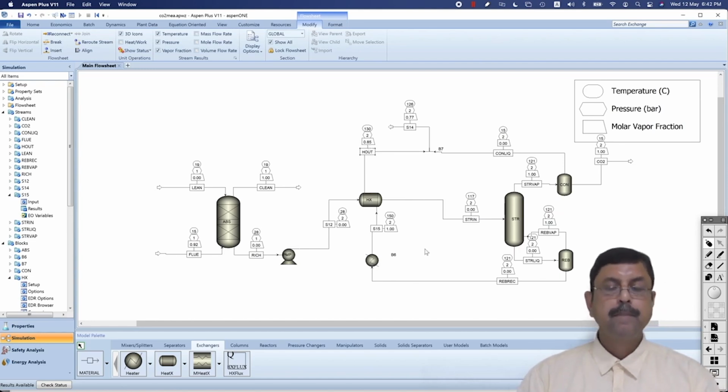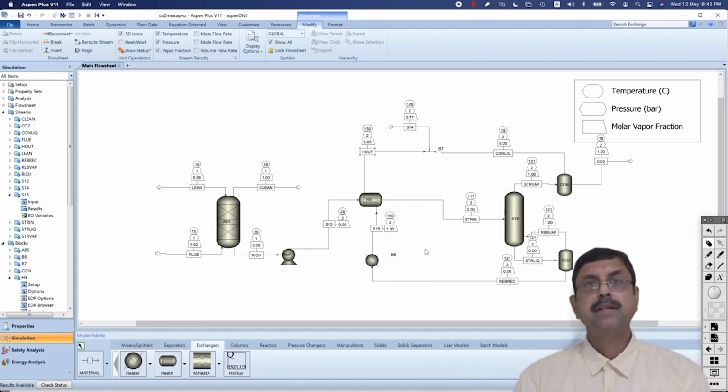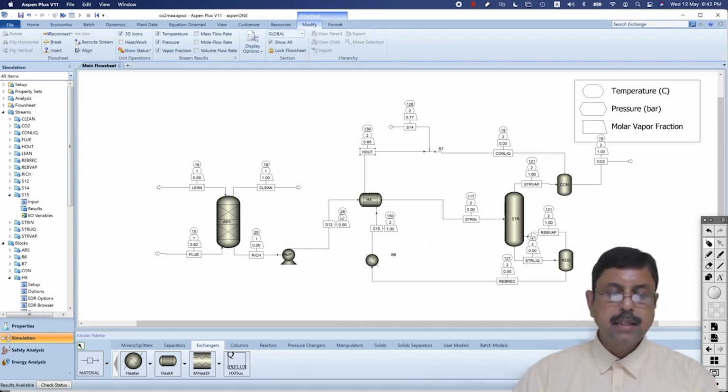That means gradually the vapor has started condensing and a lot of latent heat is being spent in heating this stream from 28 degrees centigrade to 117 degrees centigrade. Now here you can check the vapor fraction is 1 over here, and here the vapor fraction is 0. That means here it is entirely liquid. Here it is entirely liquid. Here it is entirely liquid.